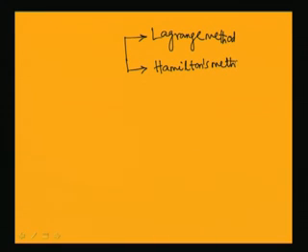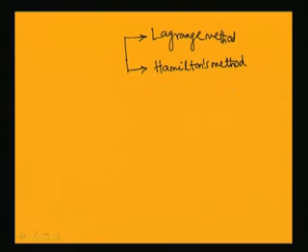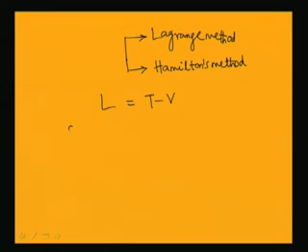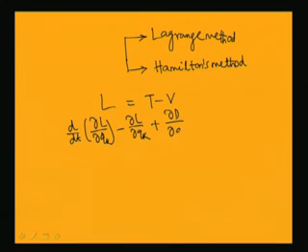Generally, Hamilton's principle is used for continuous systems, and the Lagrange method is used for multi degree of freedom systems. In case of the Lagrange method, we define a Lagrangian L equal to T minus V, where T is the kinetic energy of the system and V is the potential energy of the system, and we can write the Lagrange equation as d by dt of del L by del q k dot minus del L by del q k plus del D by del q k dot equal to Q k.